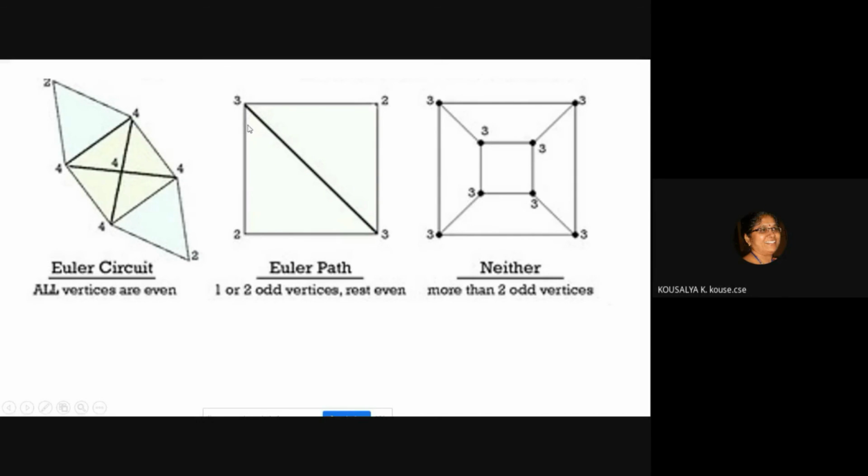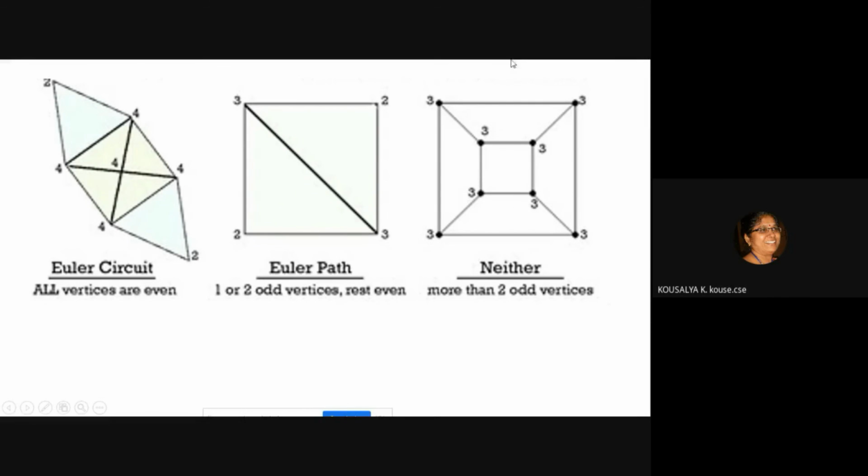So you have two odd degree vertices, and the rest are even, so it is possible to get an Euler path. But you want to start from an odd degree vertex. If a graph has an Euler path with two odd degree vertices, you always start with an odd degree vertex.